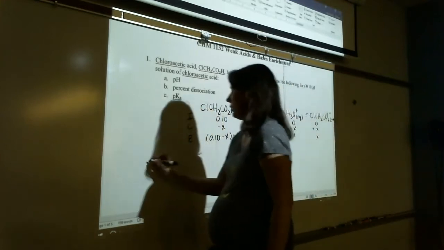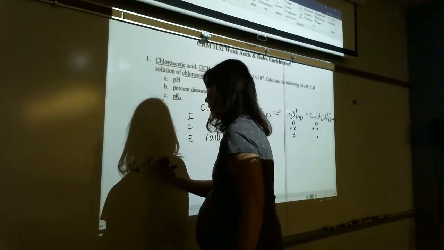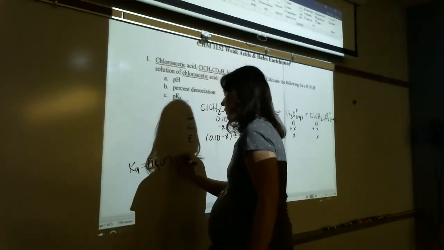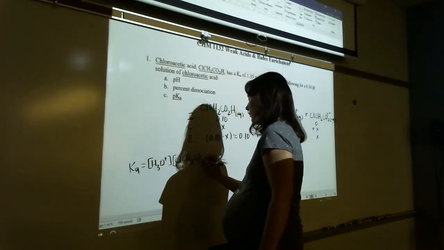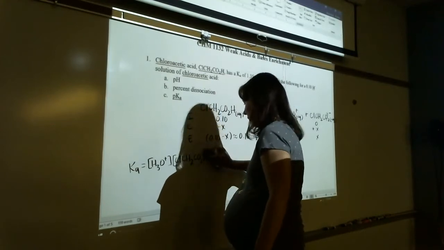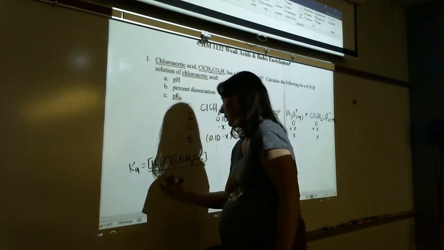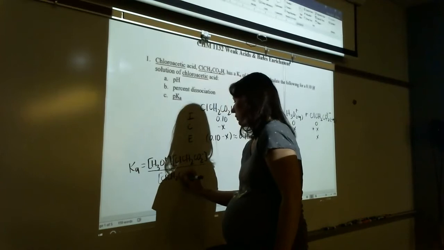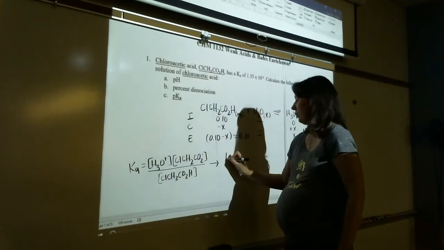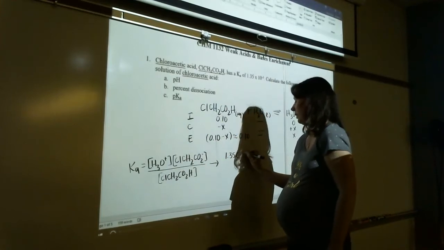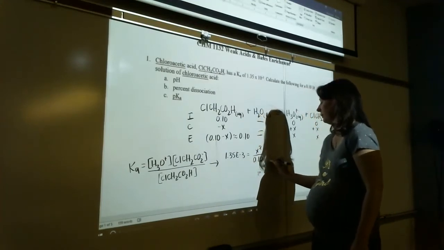So Ka is equal to H3O plus times chloroacetate over chloroacetic acid. And then we just plug in all our values. So 1.35 times 10 to the negative third is equal to x squared over 0.10.